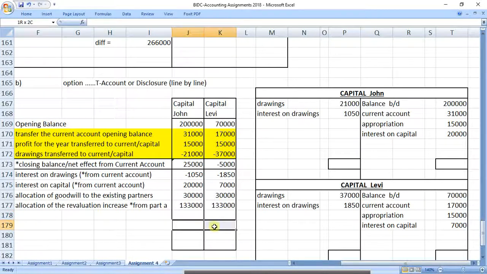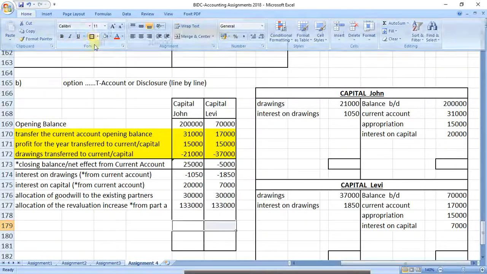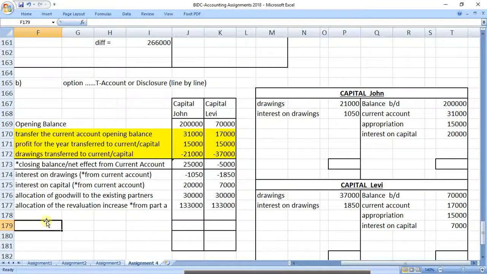Right, then what must I do? Total up. Right, so closing balance would have been the opening balance plus the change, minus that, plus that, plus that.